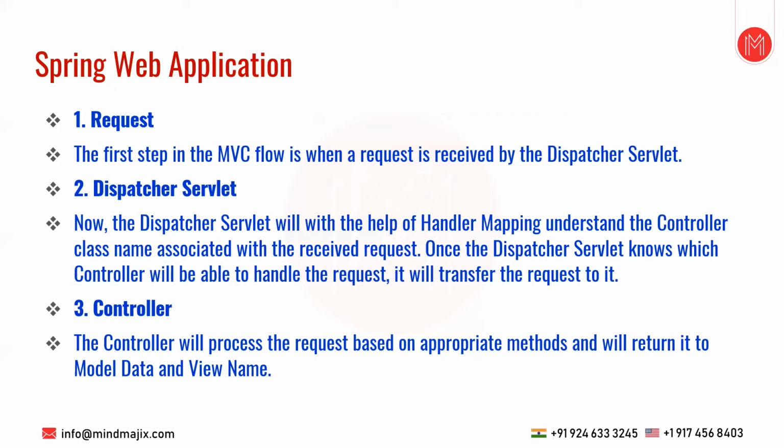This dispatcher servlet will pass the request to the appropriate controller with the help of handler mapping. So once the dispatcher servlet knows which controller will be able to handle the request, then it transfers the request to the appropriate one, even if you are working with multiple controllers.